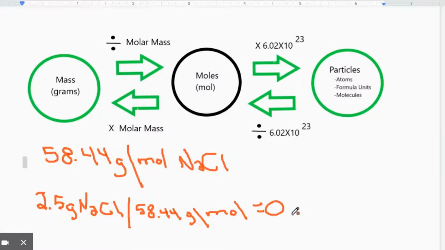We have grams in the numerator and grams in the denominator, so this is moles of sodium chloride.